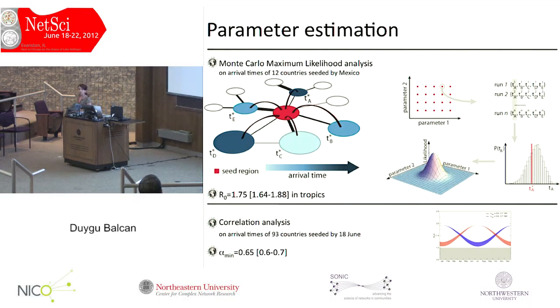Another parameter was the impact of seasonality, which is modeled by a sinusoidal function. You know that influenza is seasonal. So in winter, you have the highest transmission among individuals, while in summer, it is the lowest. Alpha min gives the variation in the amplitude between summer and winter periods.